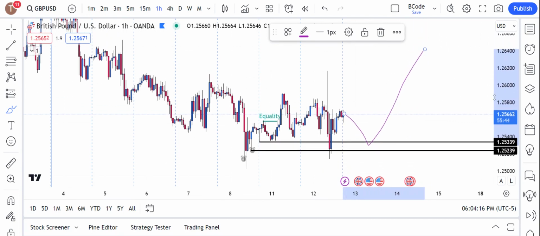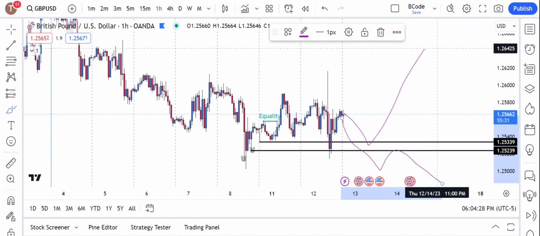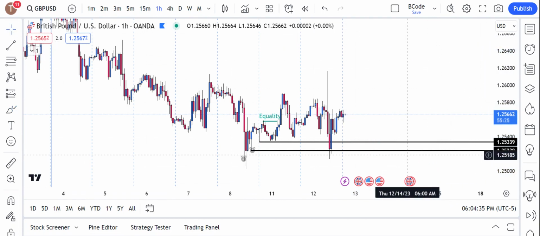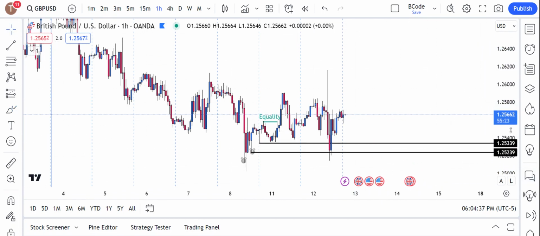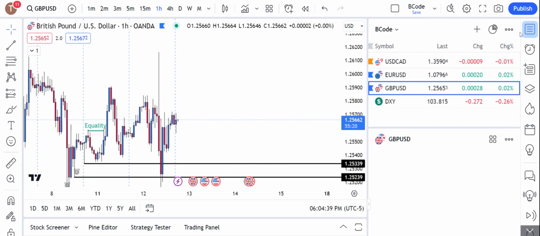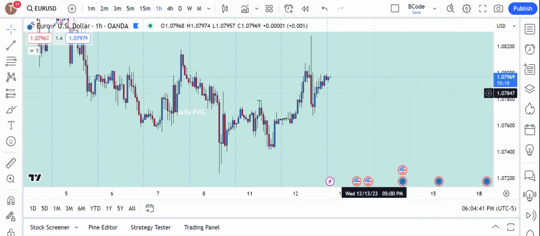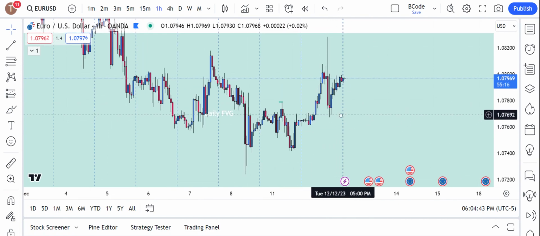If not, it would be great to see price do the opposite, which is to break these previously old lows, come back, retest, and then sell. So those are some of our options. But once again, we do not predict, we simply react. And that's what I'm looking for with GU.